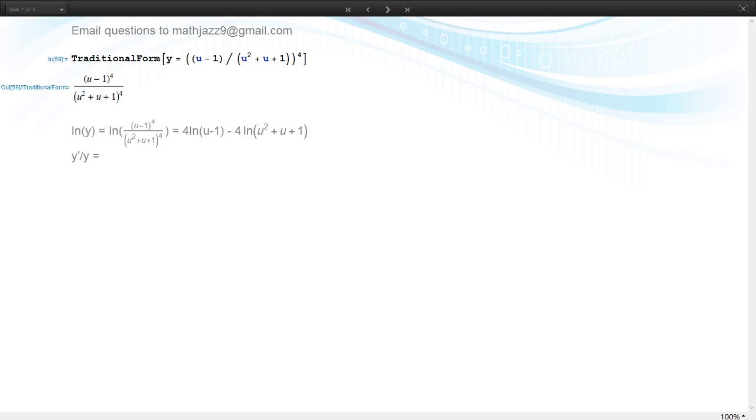And that will be equal to 4 times the derivative of u minus 1, which is 1, divided by u minus 1, minus 4 times the derivative of u squared plus u plus 1, which is 2u plus 1, divided by our original function u squared plus u plus 1.